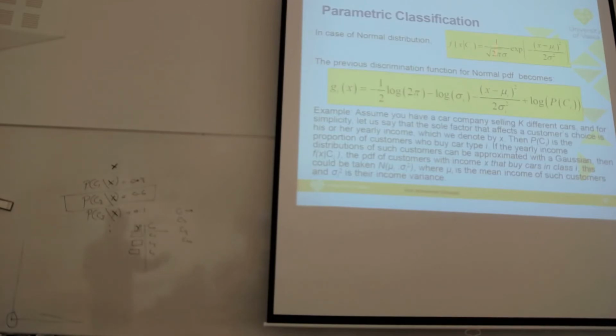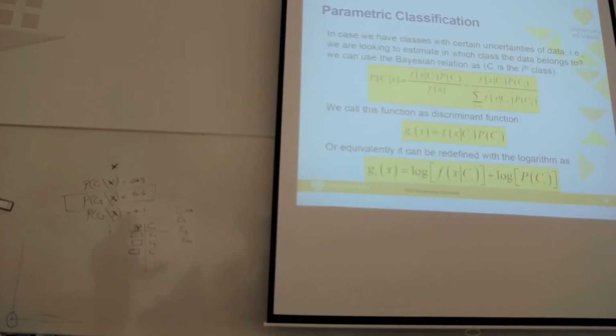So 1 divided by square root of 2 pi, when you take the log, gives this value, minus log sigma i, minus the logarithm of the exponent. They cancel each other because they are inverse functions, and then it becomes minus (x minus mu i) squared divided by 2 sigma i squared, plus log of P of Ci, the probability of Ci.